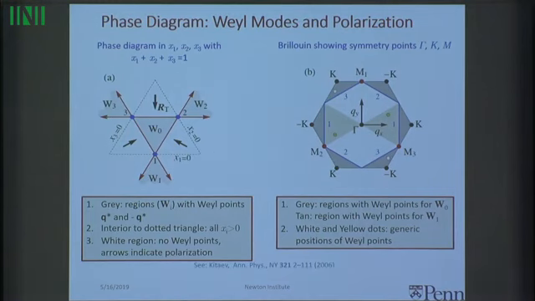So if we go back here, this is the hexagonal Brillouin zone that goes with it, and what we've just shown is that at the point 1/3, 1/3, 1/3, each of these K points has a zero mode. Remember that points separated by a reciprocal lattice vector are equivalent. So here, this vector from K to K going across the Brillouin zone is a reciprocal lattice vector. So these 2 points are equivalent, and these 2 points are equivalent, et cetera. So there are really only 2 points, even though it looks like there are 6.